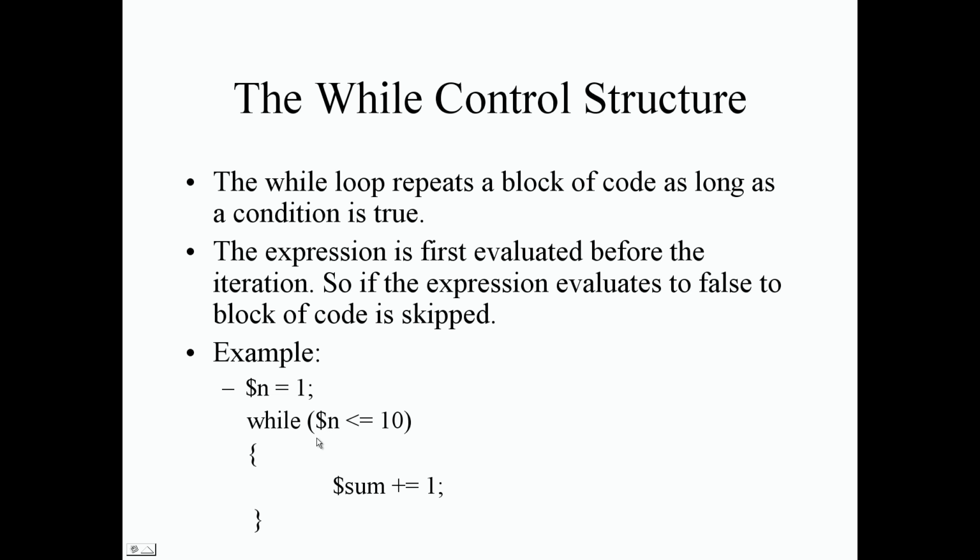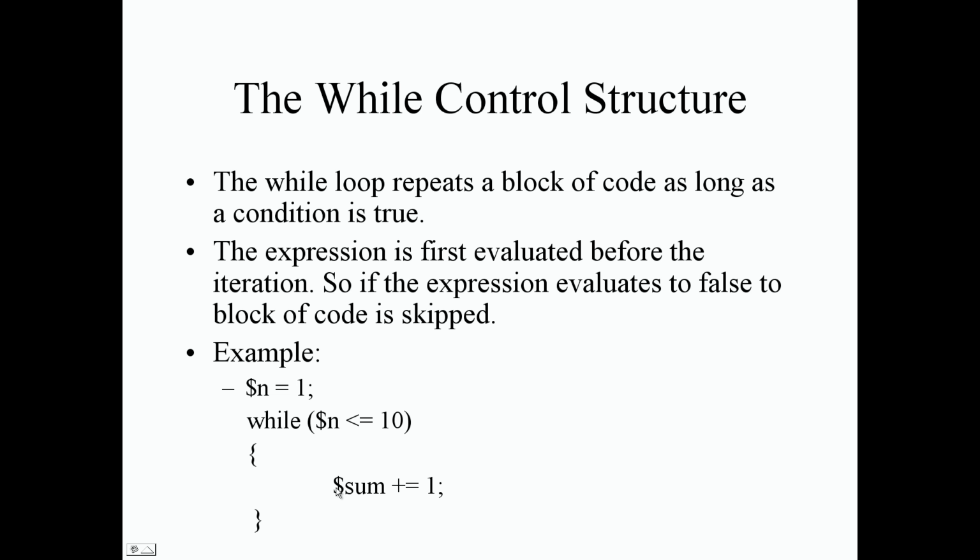It's going to keep repeating itself until, if it goes up 1 more, it's going to say, hey, is 11 less than or equal to 10? And then it's going to evaluate to false, and nothing is going to happen, and it's going to go to the next line to execute after the curly brace. So that's all a while loop does. It just takes an expression to evaluate, and as long as that expression is true, the block of code is going to continue to repeat itself.